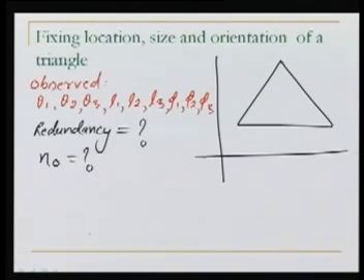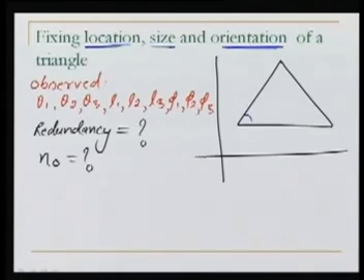The idea is we want to fix the location, size, and orientation of a triangle. These are the 3 things which we need to fix: location, where it is located, its size, and its orientation. What all observations are required? The minimum number of observations.